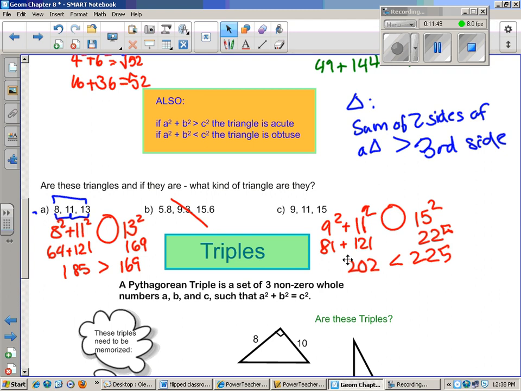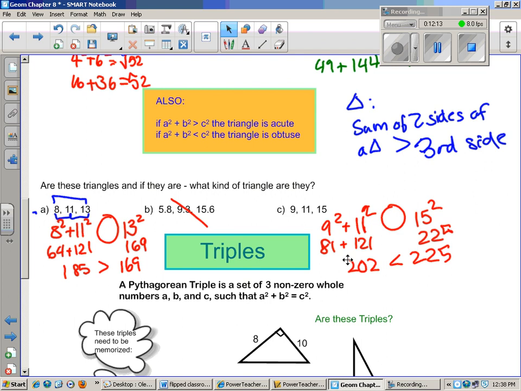If you add 5.8 and 9.3, not squared, just straight up. To determine if it's a triangle, you don't have to square them. You're just adding them together. To see what kind of triangle it is, that's when you square them. So any two sides have to add up to be bigger than the third side.